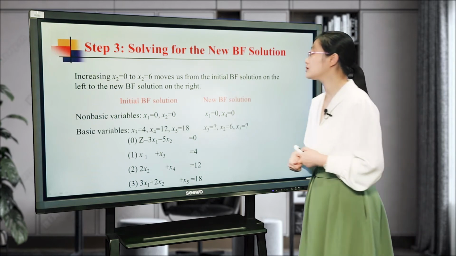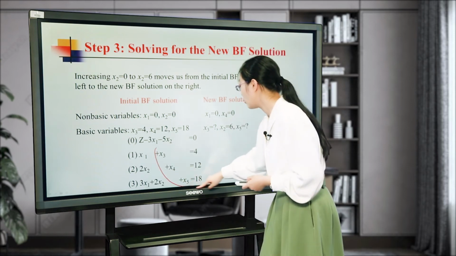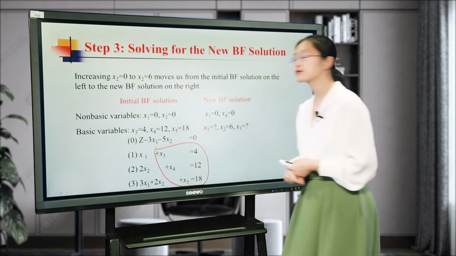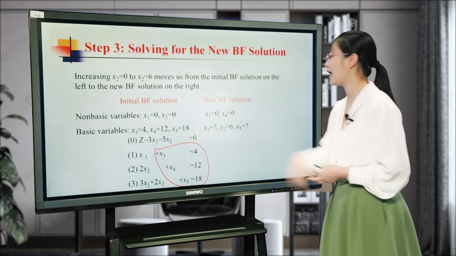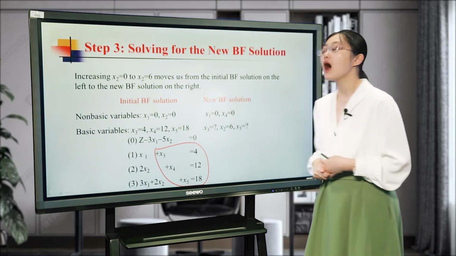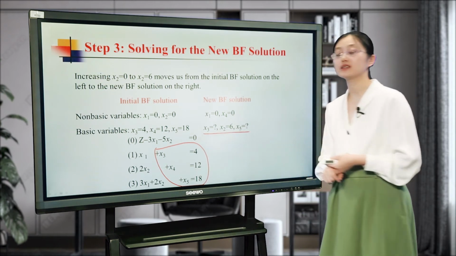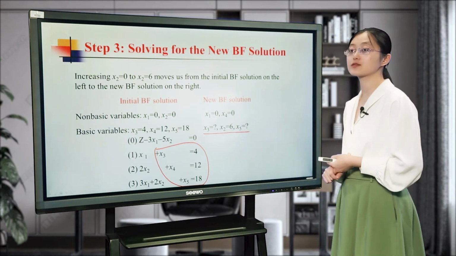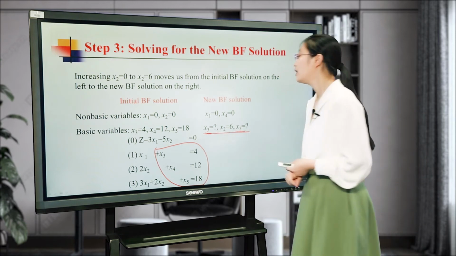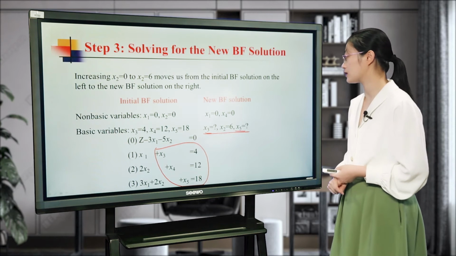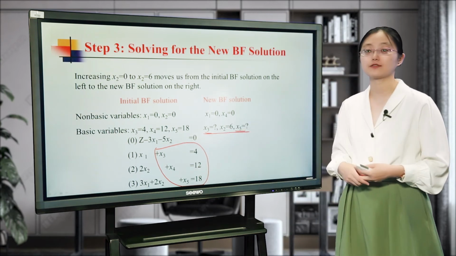In our old BF solution, by reading from the right-hand side, we can read the values of the basic variables directly: 4, 12, 18 for x3, x4, x5. However, in our new BF solution, we only determined that x2 can be increased to 6. How about the values of x3 and x5? It's not very straightforward to solve for x3 or x5 by setting x2 equal to 6.